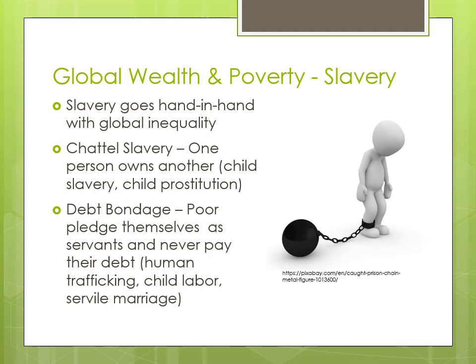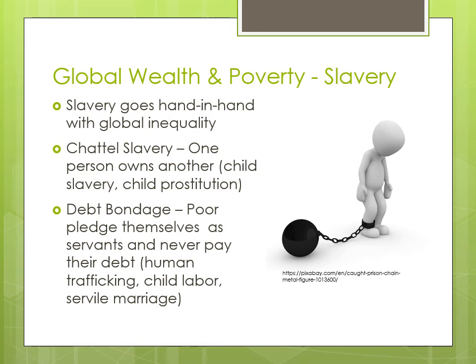Debt bondage is where the poor pledge themselves as servants and can never pay back their debt, because the pattern is to have a person borrow money and then they come and work, and the salary that they earn is way below what they owe. And so the person may end up finding themselves owing more and more and never being able to pay back that debt.